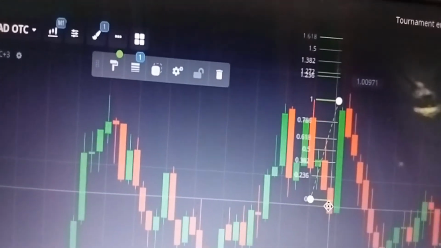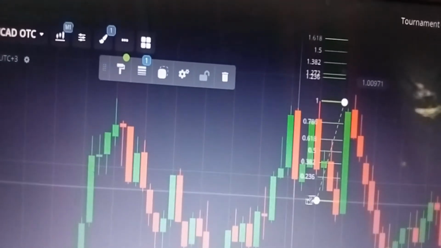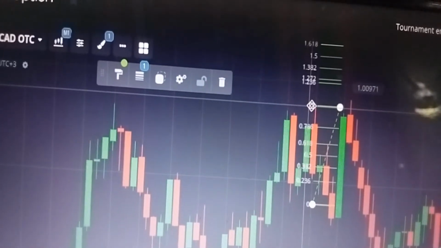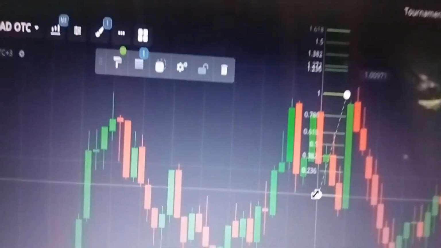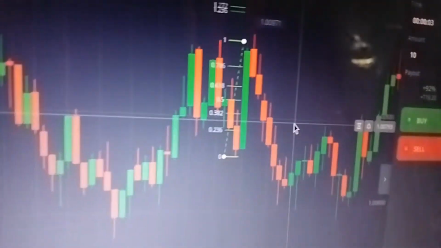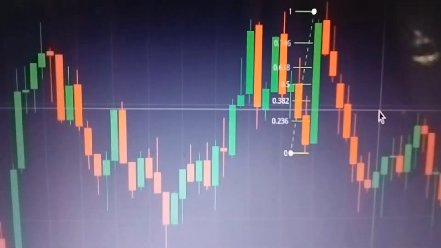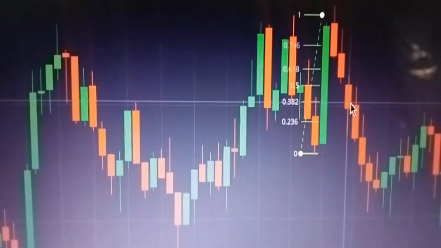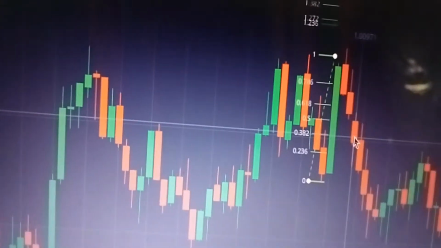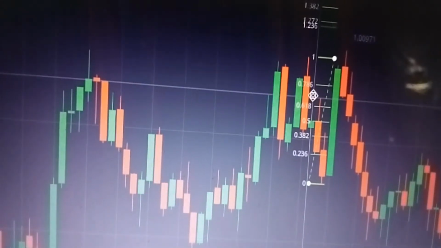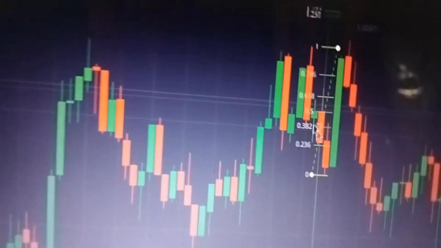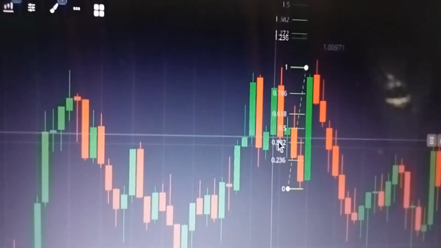Price dumped. Good. Broke lower. This high to this low is now my new range. So price came down, made a swing high, and we had a swing low down there.